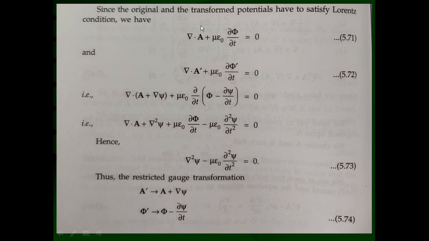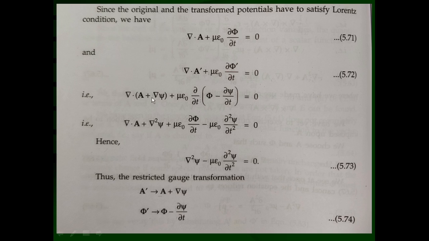So this is with the old vector potential and scalar potential: divergence of A plus mu epsilon 0 del phi upon del t is equal to 0. If you substitute the new values of the vector potential and scalar potential, then what happens? That is del dot A dash plus mu epsilon 0 del phi dash upon del t is equal to 0. We can substitute the modified A dash in terms of the original one, so that is equal to del dot of A plus del psi.